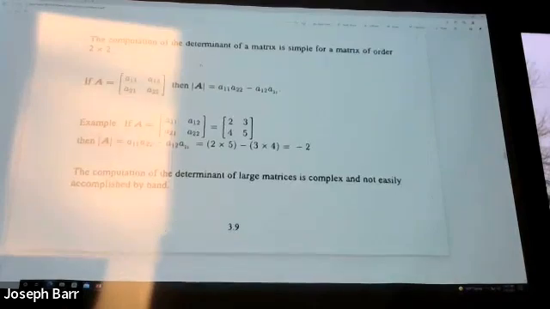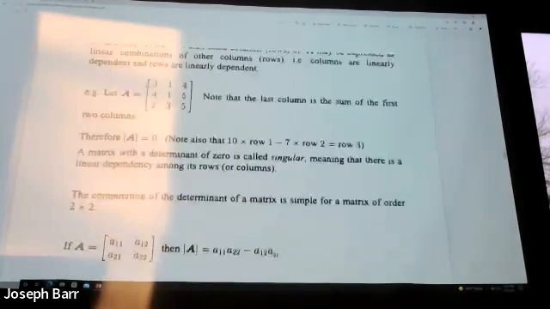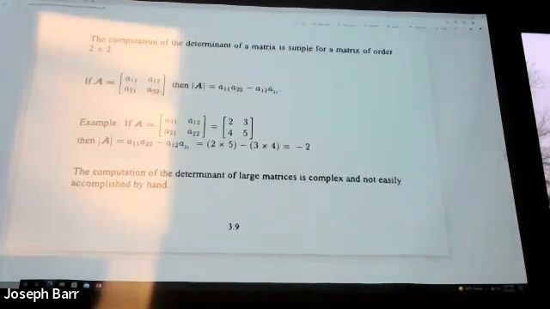If we have 2 by 2, then it's much simpler. You only need to get the product of the diagonal elements, A11 and A22, and then minus the product of these 2 numbers. That's it. It's a simplified version of the 3 by 3.